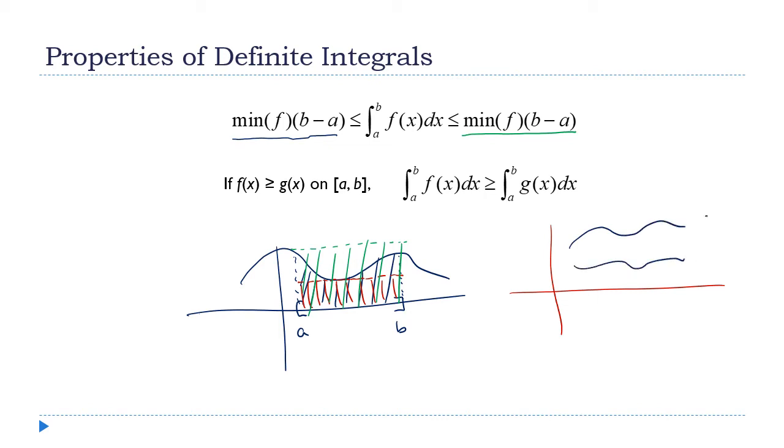So this one is f, and this one is g. If f is always bigger than g, then the area under f is going to be greater than the area under g. Again, bunch of properties. Let's see how we can use some of this stuff.